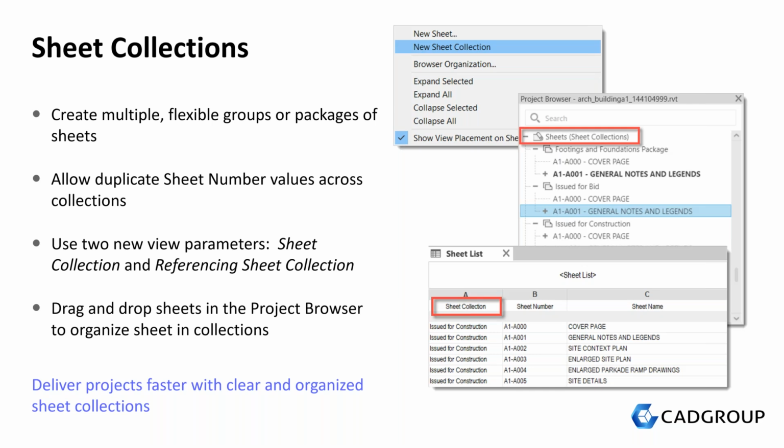So users now have the ability to have multiple sheets with the same number. So the bottom line of this enhancement is that you can deliver projects faster with clear and organized sheet collections.